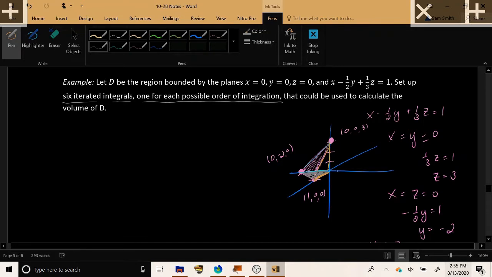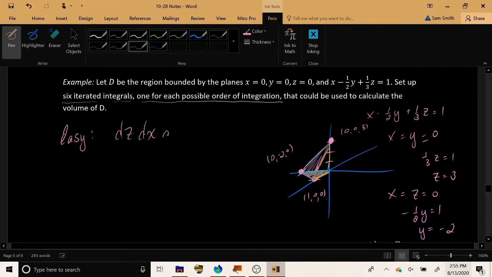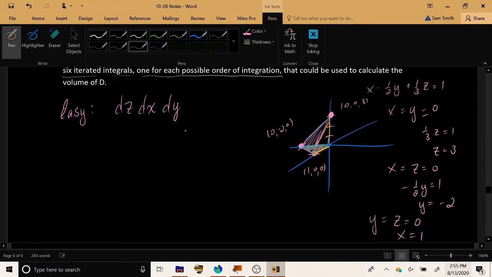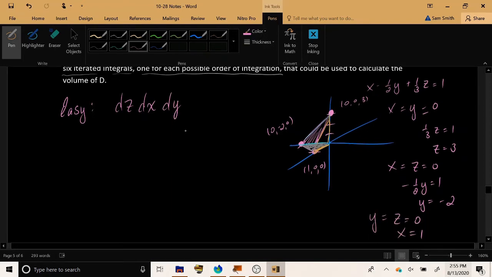So let's see if we can figure out some different orders of integration to describe an integral over the volume D. Let's start with the easy ones, which are the ones we have already discussed, dz dx dy and dz dy dx, where z comes first.